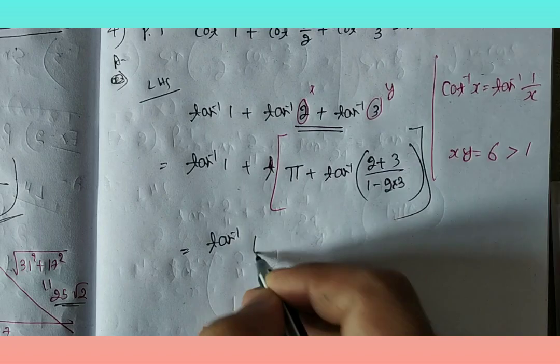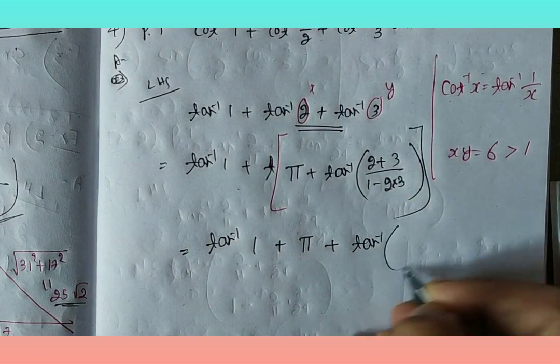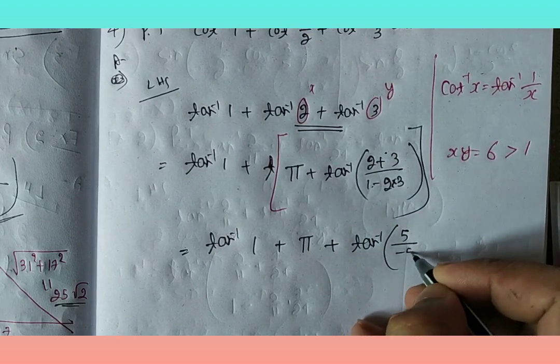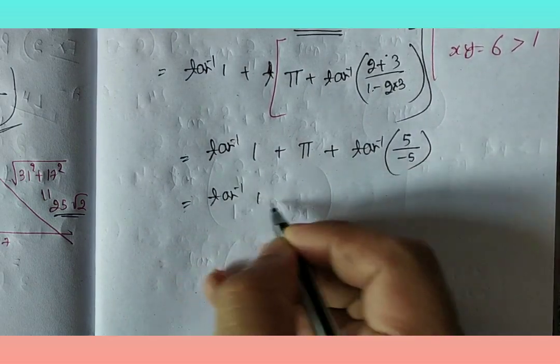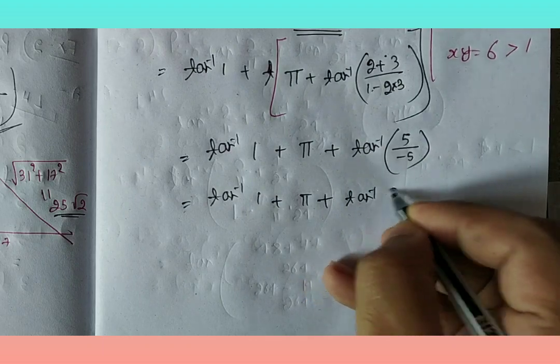This is tan inverse 1, this is pi plus tan inverse 5 divided by 1 minus 6, 5 by minus 5. Tan inverse 1 plus pi minus pi plus tan inverse minus 1.